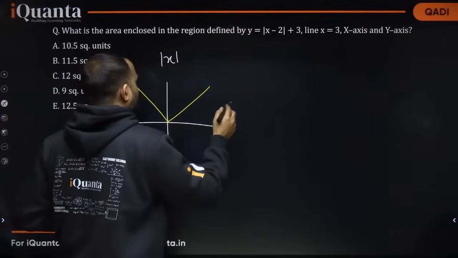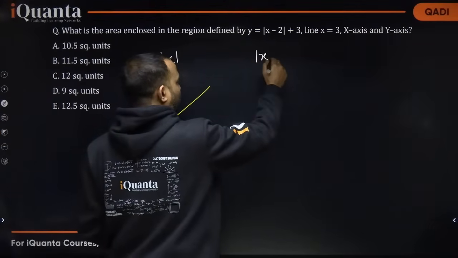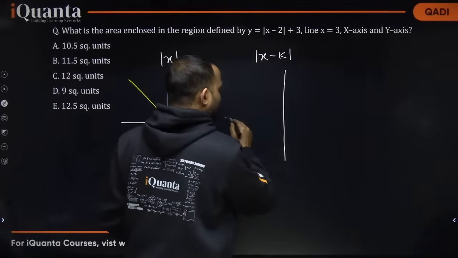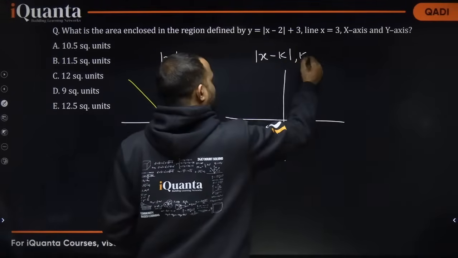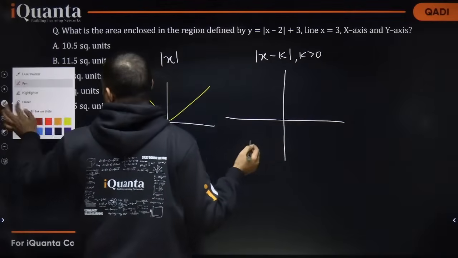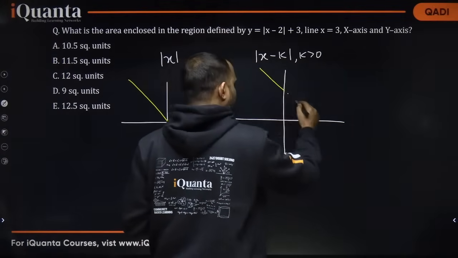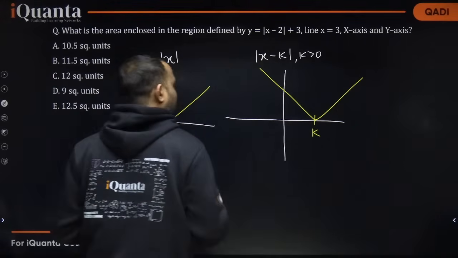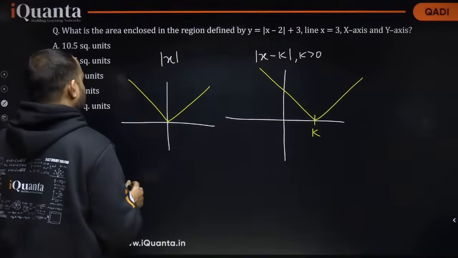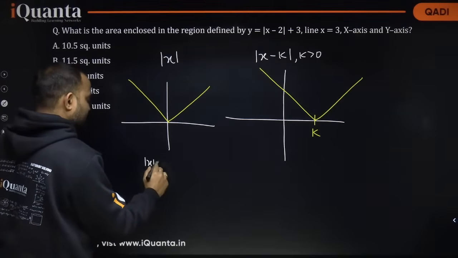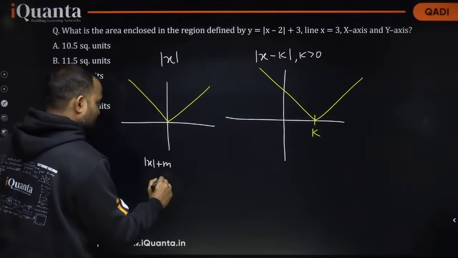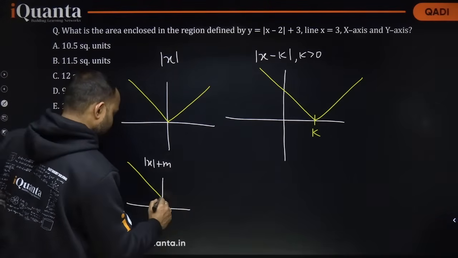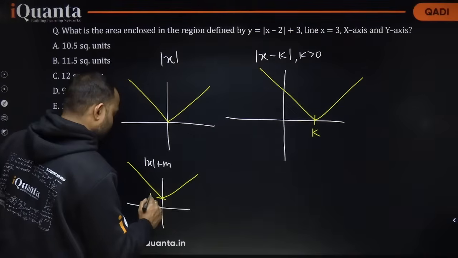Now, if you want to draw the graph of mod of x minus k, where k is positive, the graph will move k units to the right. This is k. And if you want to add something like mod of x plus m, then the graph will go m units up.